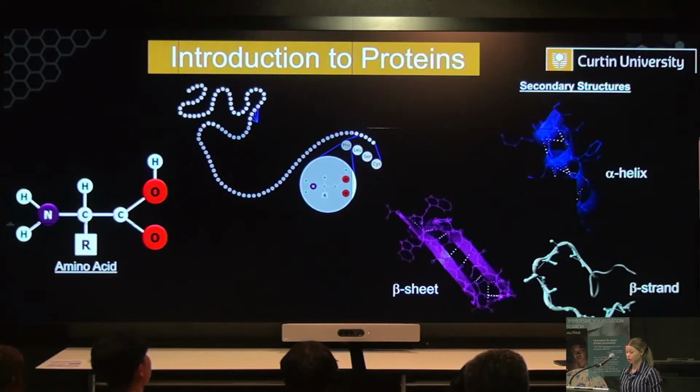Another secondary structure is called a beta strand, which is just a long chain of amino acids represented in an extended conformation, seen in this image over here. Now, a beta sheet is just a collection of various amino acids that are joined together. This joining together causes them to become stacked on top of each other to form a sheet-like structure seen in the purple image here. Many naturally occurring proteins are involved in the development of diseases.